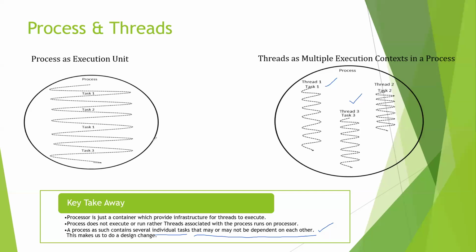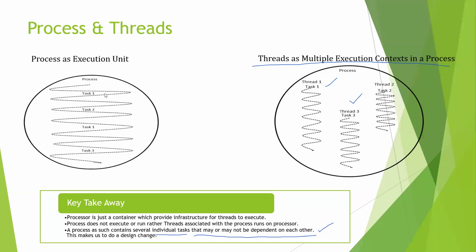With respect to whether these are dependent or not, your threads will go and pick up the task and start executing that, right? Threads have multiple execution contexts in a process. The thread is the smallest unit of your work execution, right? The smallest unit which takes your workload and executes on the CPU, executes the queries, right?